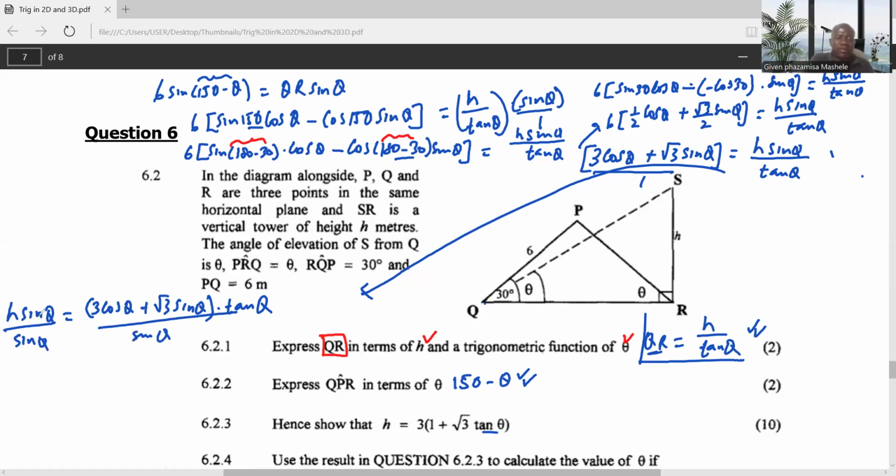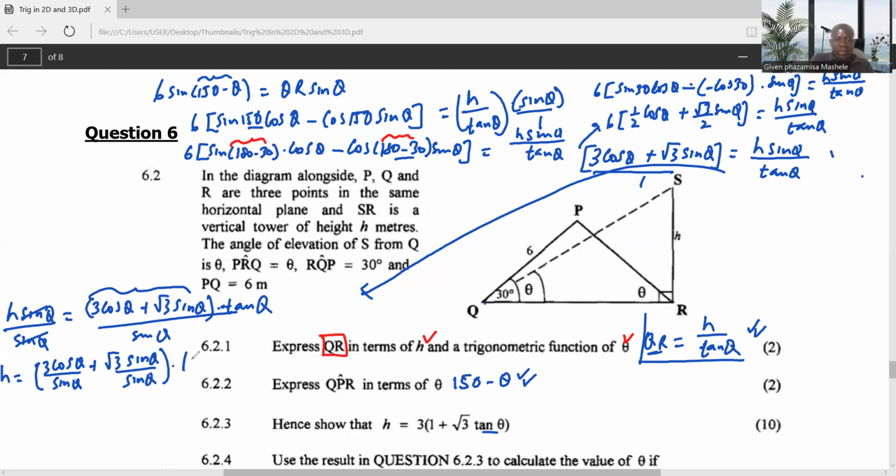Look what will happen. Because this one is just a multiplication, it will affect these two expressions. So h equals 3 cos theta divided by sine theta, I hope you're following, plus root 3 multiplied by sine theta divided by sine theta.